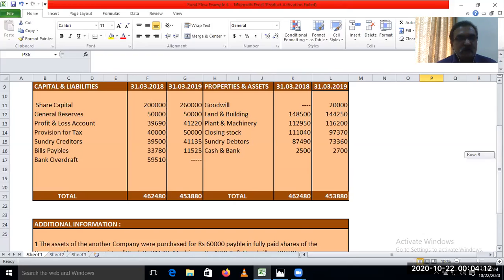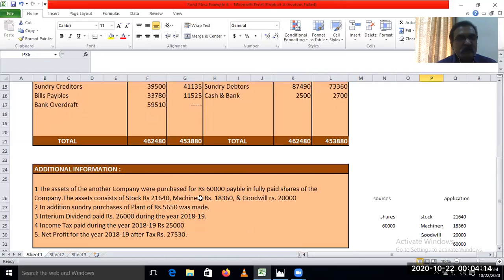Now just look at the additional information. First additional information is purchasing various assets by issuing shares, which we have considered. Second is additional purchase of plant and machinery 5,650. That also we have considered. The third one is interim dividend paid by rupees 26,000, which we have yet to consider.